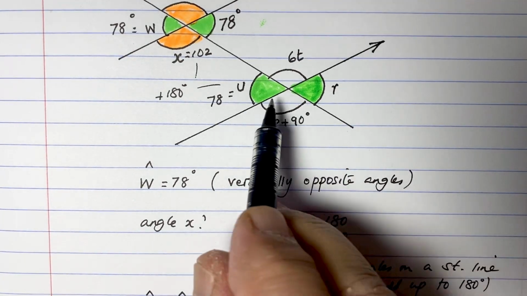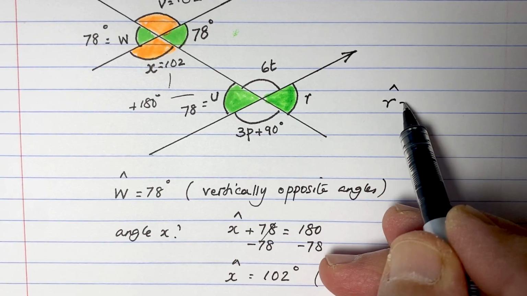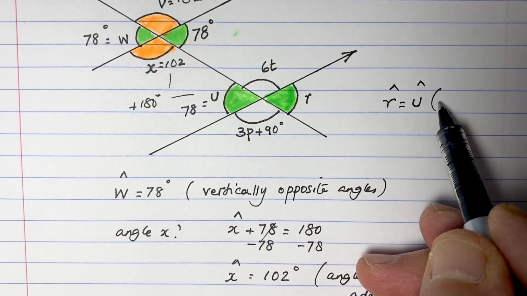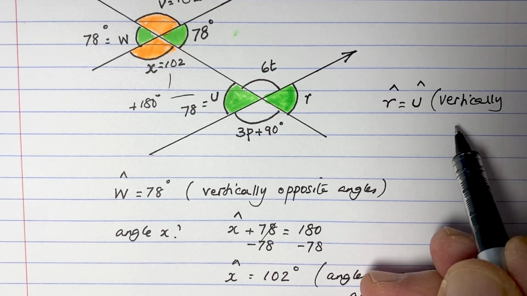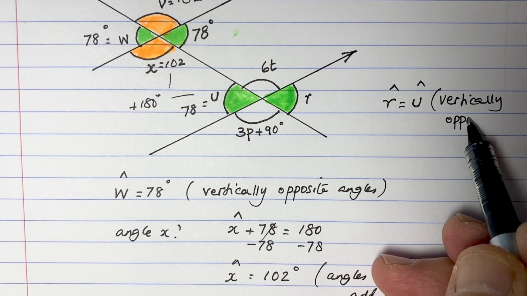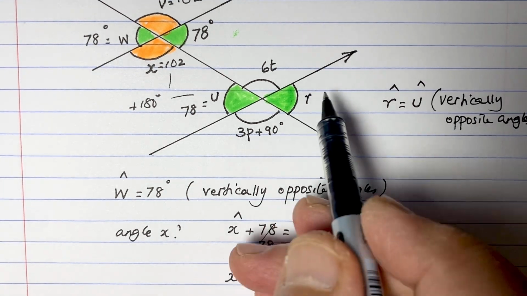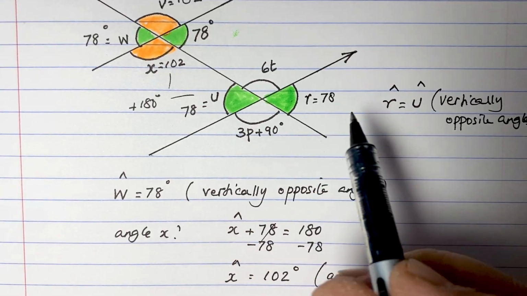So I can say R equals U. I'll write it here. Angle R equals angle U, vertically opposite. So I'm going to write this as 78 as well.